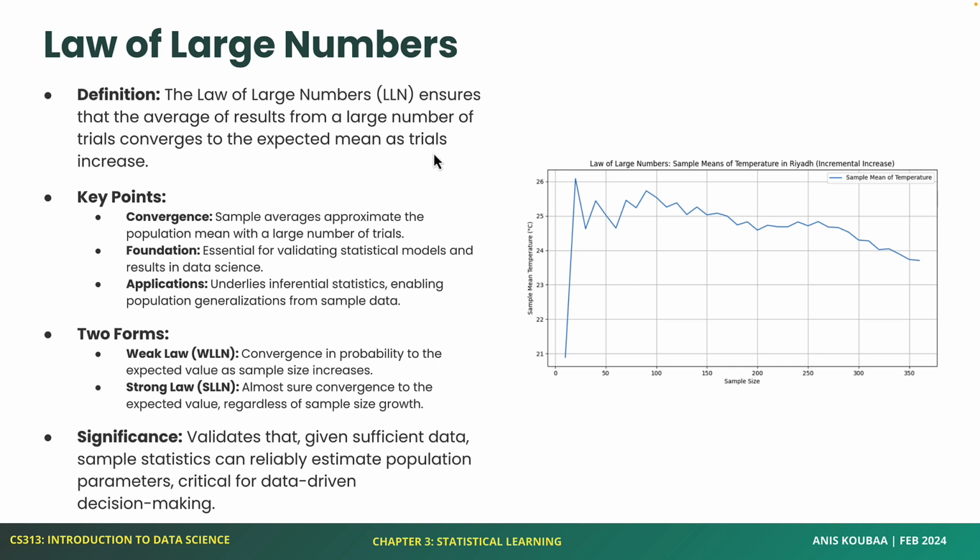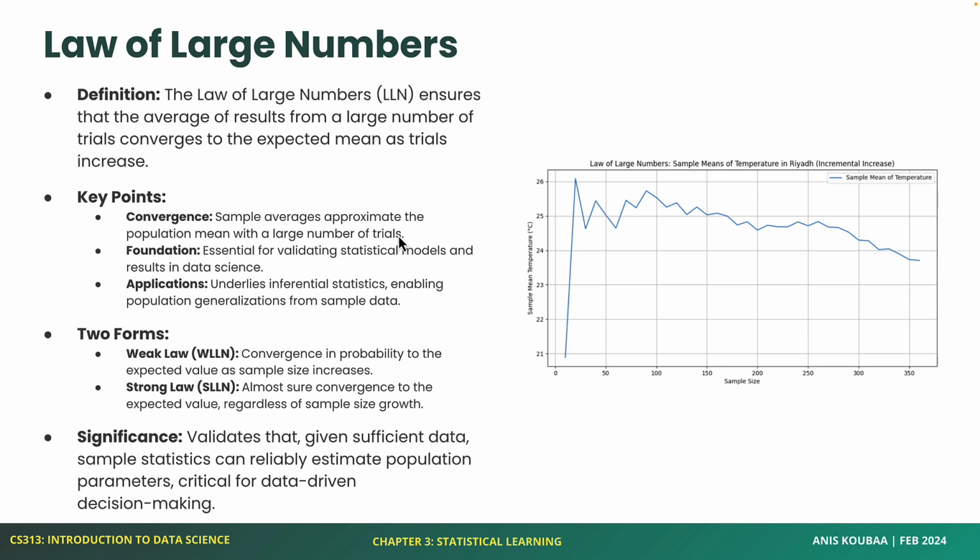The sample mean will converge to the population mean. The average of results from a large sample converges to the expected mean as trials increase, as the data set increases. The sample averages approximate the population mean with a large number of trials.